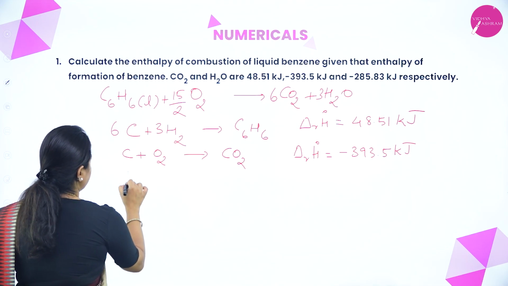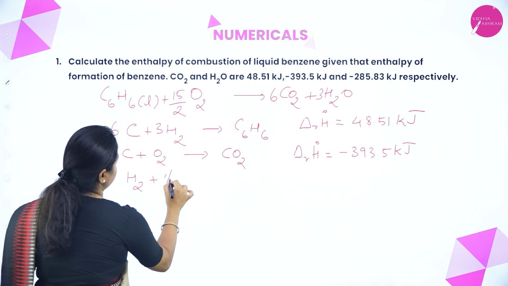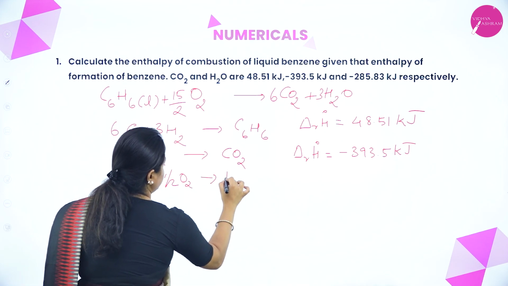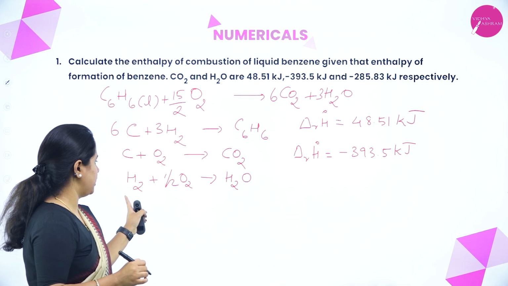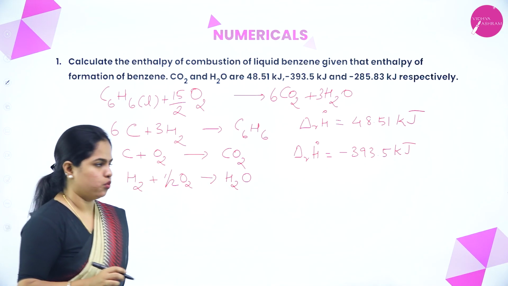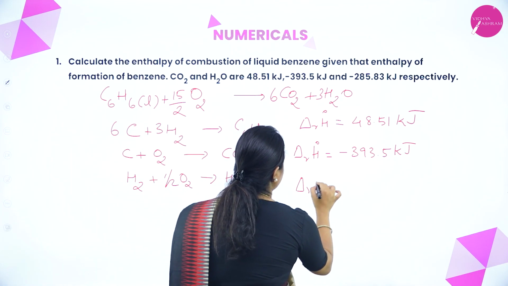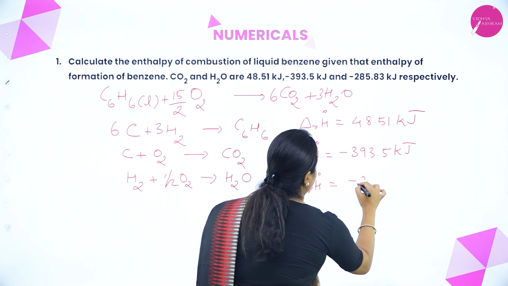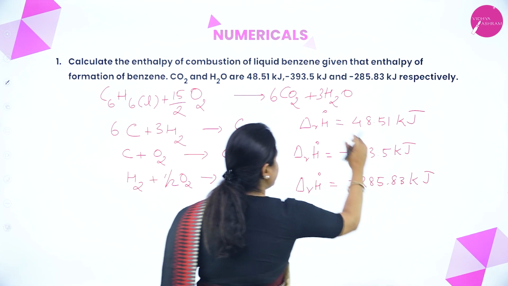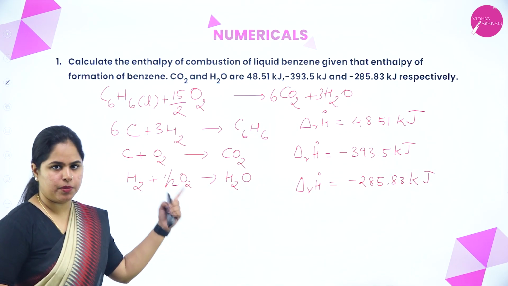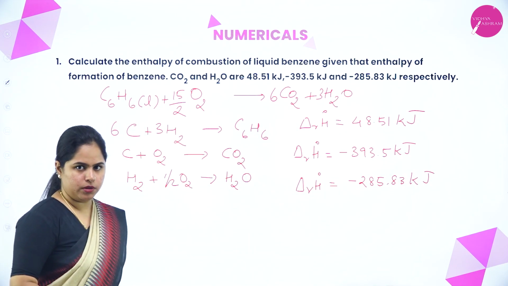That is also given. So hydrogen plus half O2 gives H2O. Okay. So when we balance this equation, you get it. And this enthalpy is already given, that is minus 285.83 kilojoule.